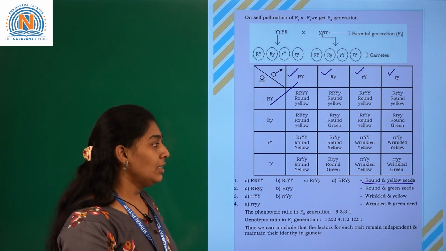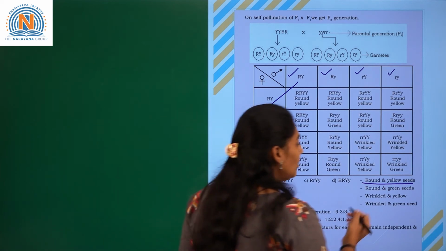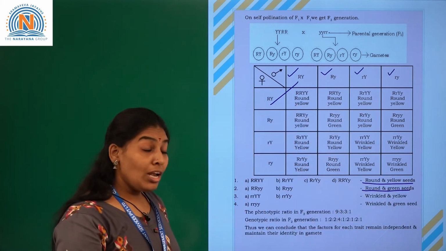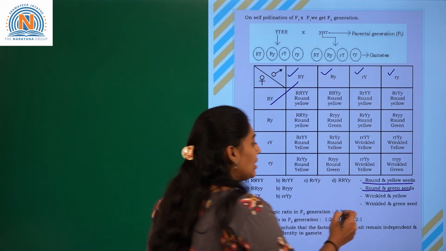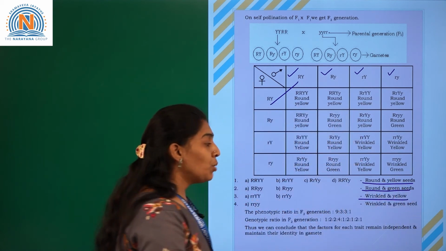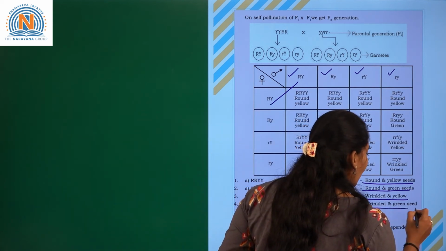Wherever it is capital R and small y, it is round and green; small r and capital Y is wrinkled and yellow; small r and small y is wrinkled and green.